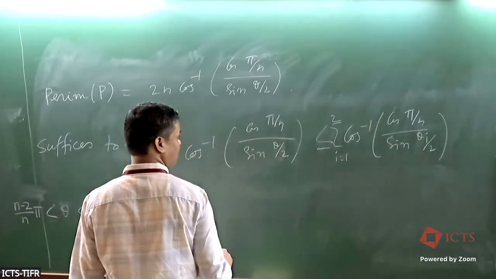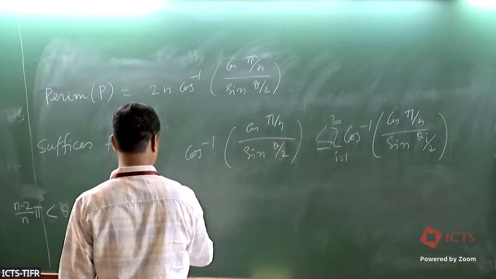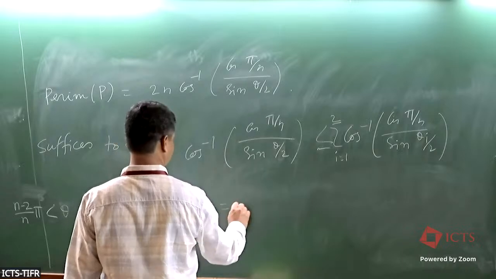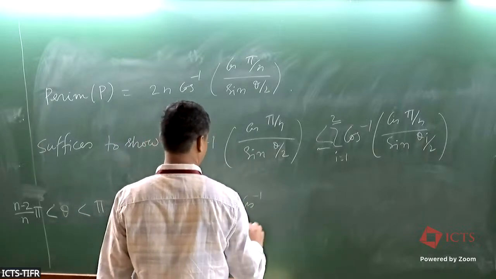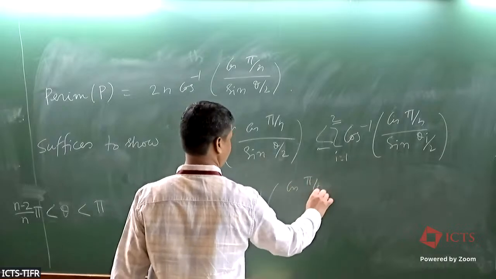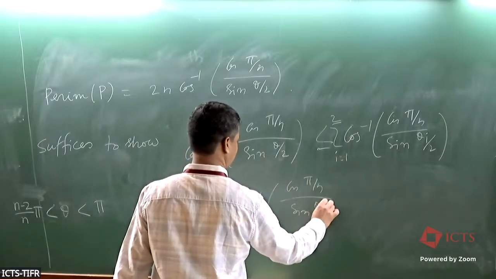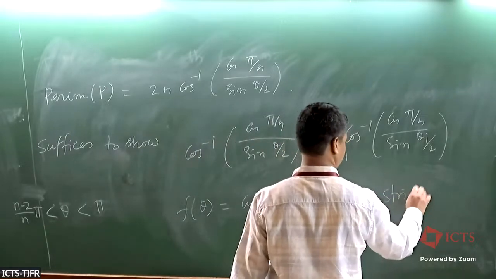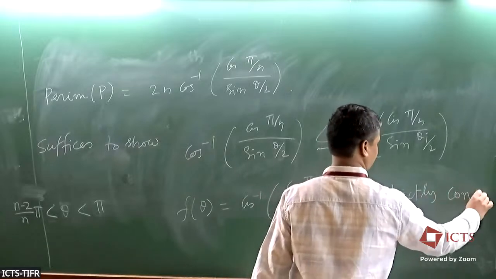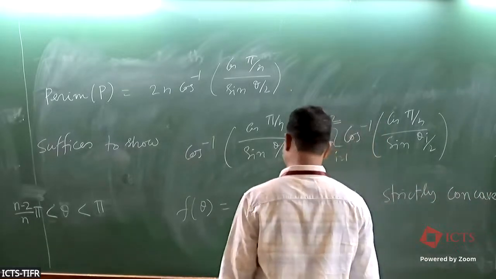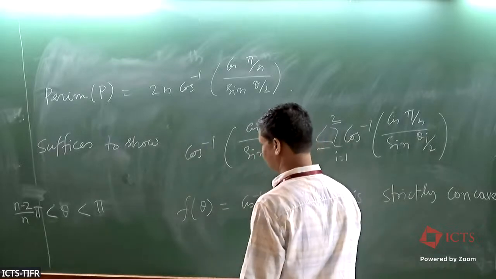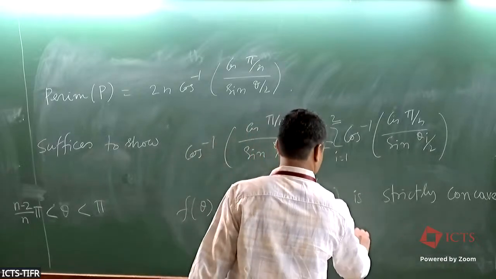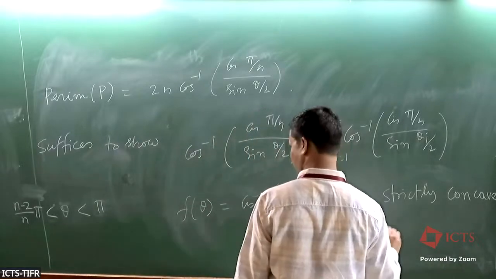So this inequality follows from the fact that the function f of theta, equal to cos inverse of cos pi over n over sine theta over 2, is strictly concave on the closed interval.